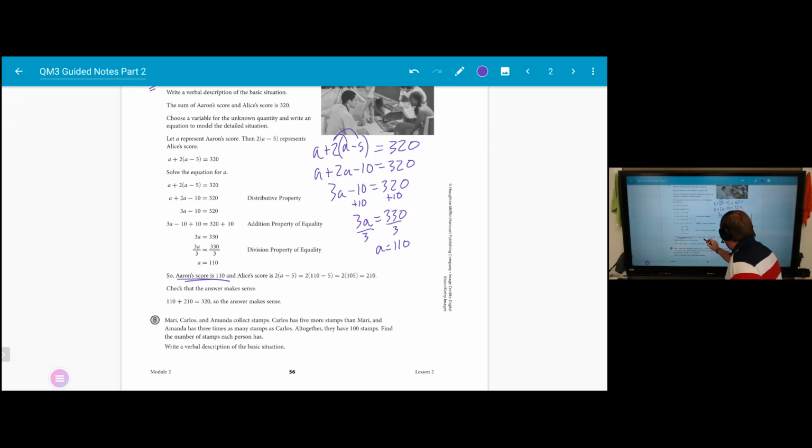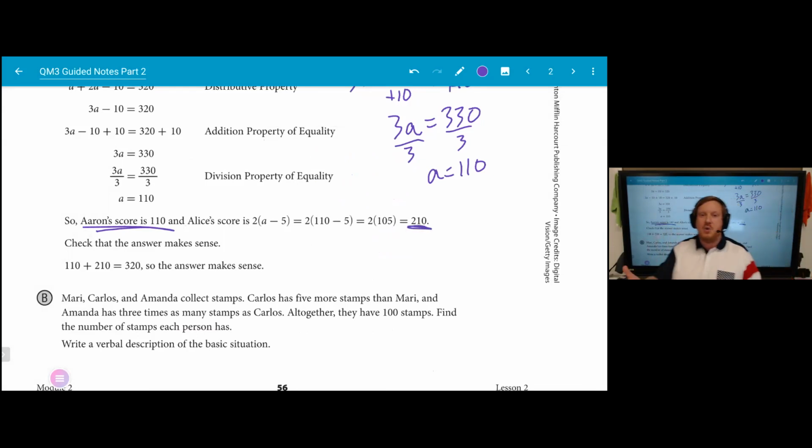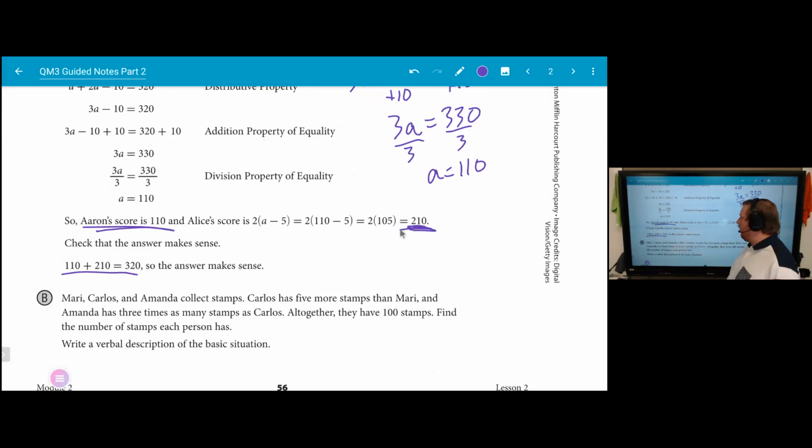So this would be 2 times (110 minus 5), 2 times 105, which is 210. If I add 110 and 210 together, I get 320. And we knew that the sum of their scores was 320. There we go. Does that answer make sense? It absolutely makes sense. We've got Aaron's score, we've got Alice's score, good to go.